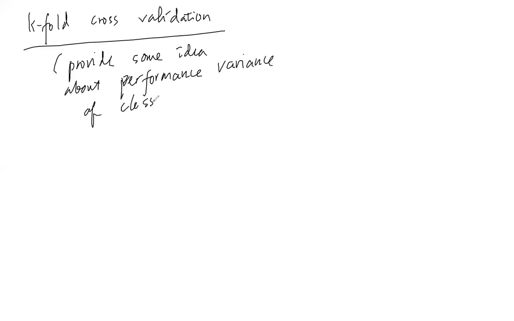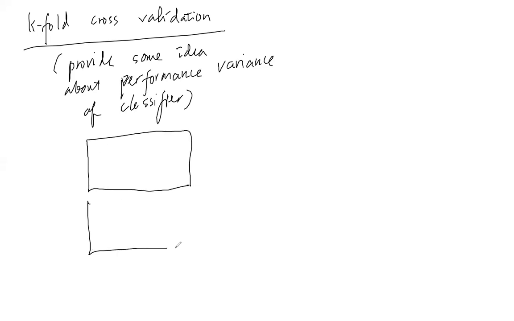Your classifier definitely will have some performance variance, right? So how do you get this idea? You can't get the idea by just using a single test sample. So you need to use multiple test samples. So how do you do that? Basically, this is the data set just now. So you have your plus, your minus.